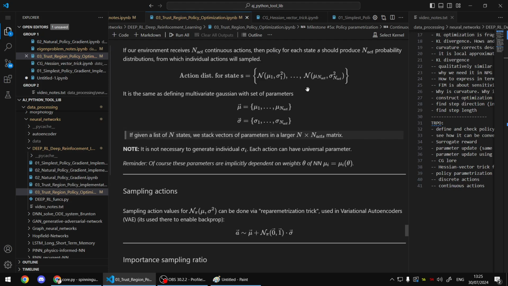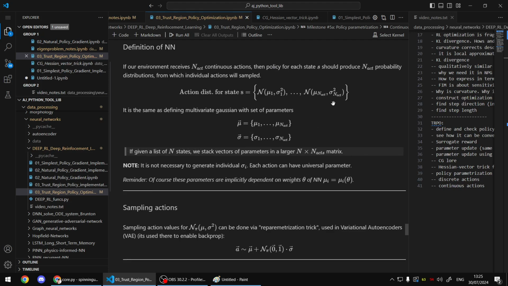But in practice, standard deviation is a measure of uncertainty, right? In the ideal case, if your neural network can predict, and you view it from the viewpoint of uncertainty and you want to minimize uncertainty, then the distribution should approach basically one true optimal action at each state.